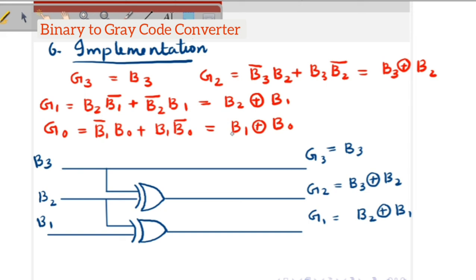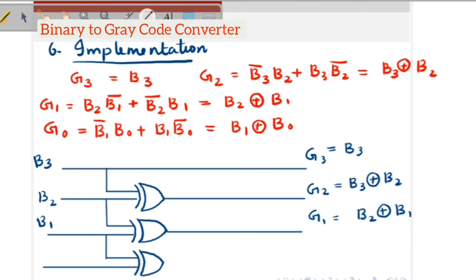Next is G0. G0 is B1 XOR B0. Okay, so here we have the B1 input, then take B0, both are given to an XOR gate, right?